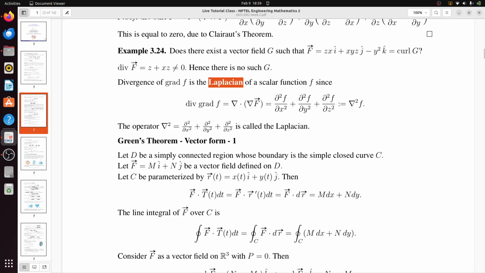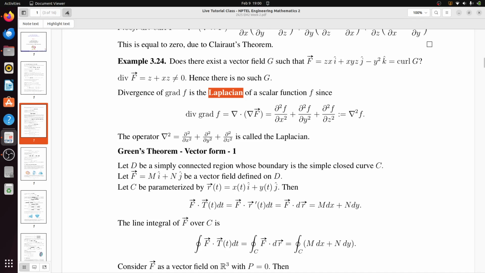There is a typo, there should not be this, just forget it. That will be divergence of grad f, that will be small f.